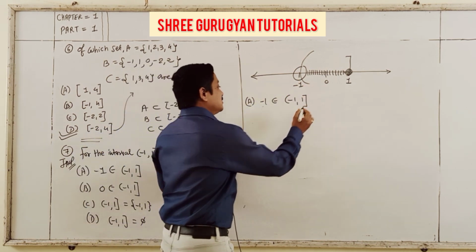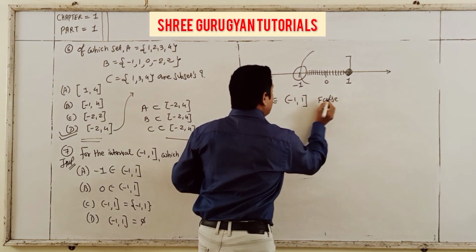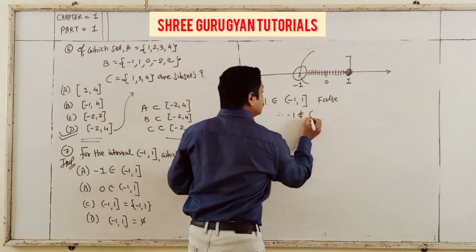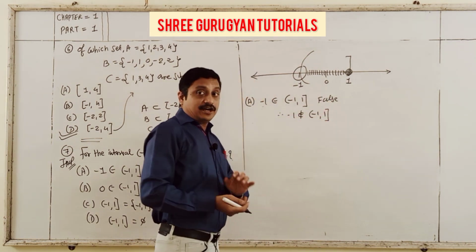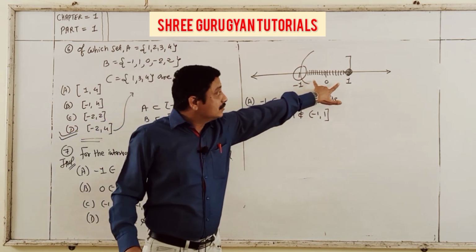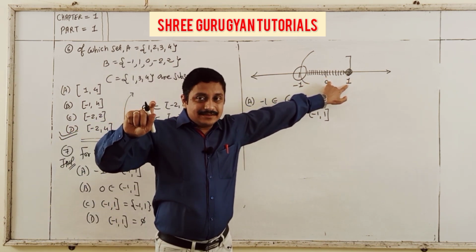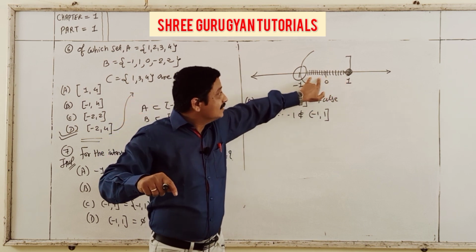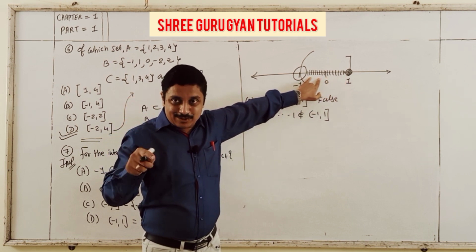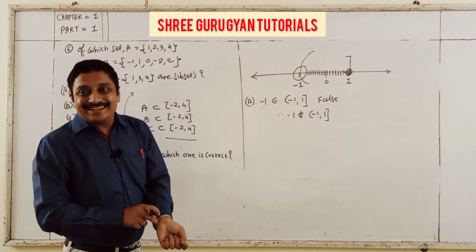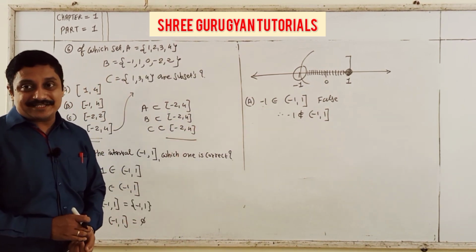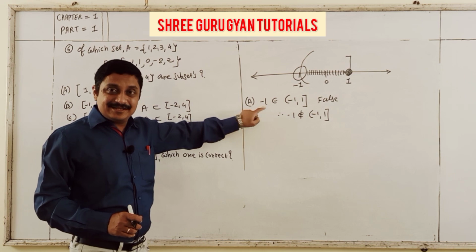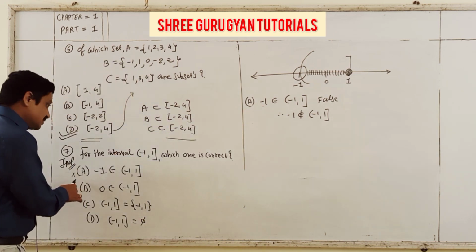It is false, because -1 does not belong. 1 is also present, 0.1, 0.2, 0.3 up to all present, minus 0.1, minus 0.2 also present. So this answer is not correct.